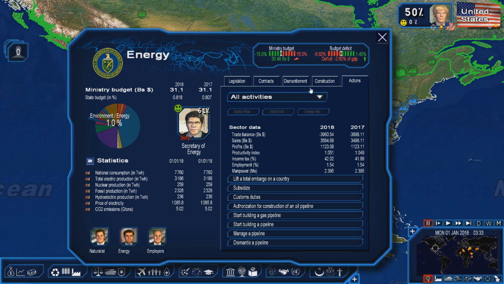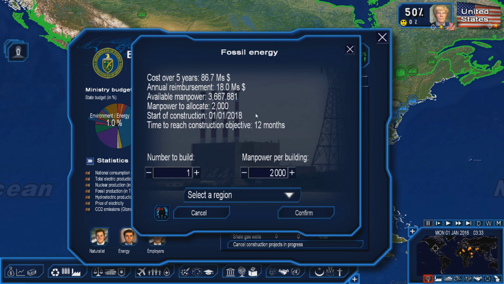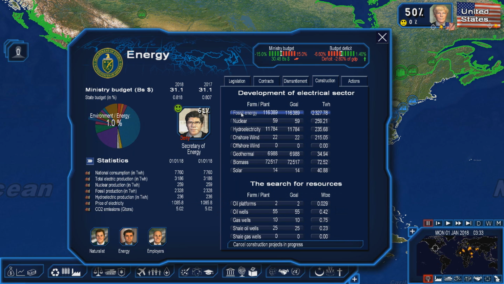So coming over to here, the production of these, fossil energy accounts for 2,300 terawatts, and I have 116,000 fossil energy plants. So if I want to come over here and produce them, then I'm not going to be able to produce anything off of that if I don't have the coal, oil, or natural gas to produce it with.